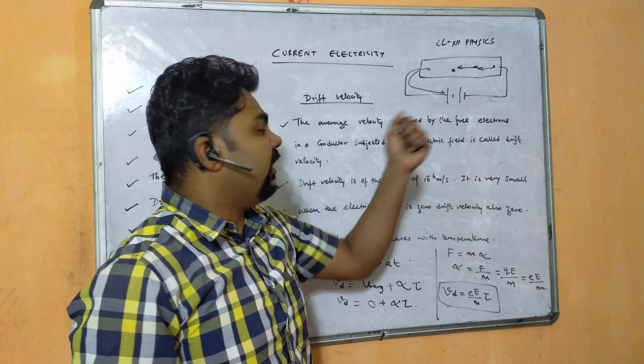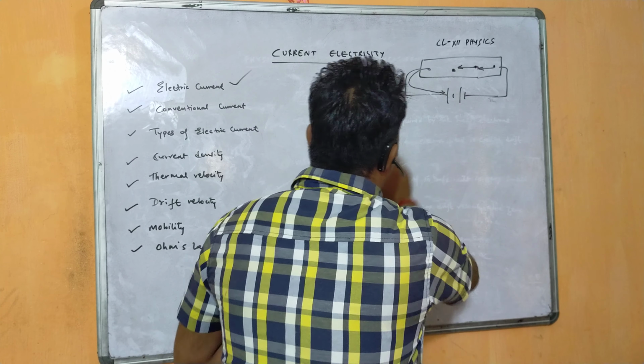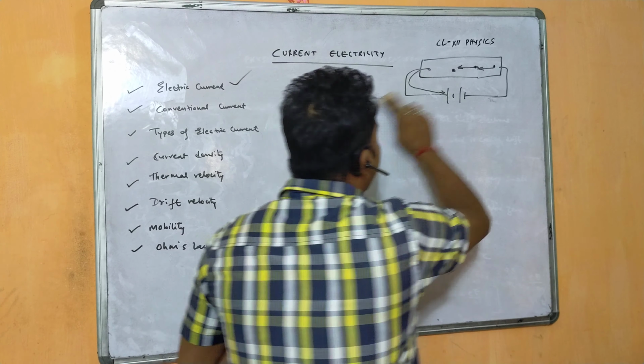Next we see what mobility is. Drift velocity per unit electric field is said to be mobility. Now if I ask you which is more mobile, meaning which can move easily, the positive charge or the electrons, the electron's mobility is much more as compared to that of the positive charge.